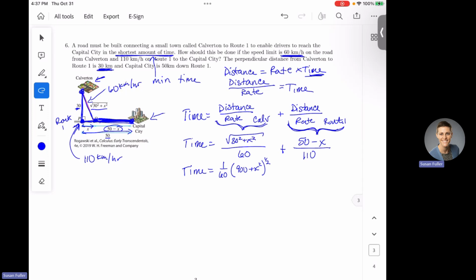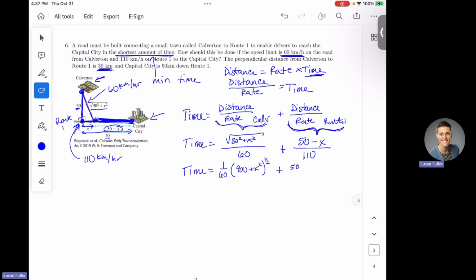So I'm just doing a little bit of algebra here to put this into a form that's going to be easier for me to take the derivative of. And then on the second one, this will be okay. I can either take the 110 out front. I'm just going to kind of divide both pieces here by 110.